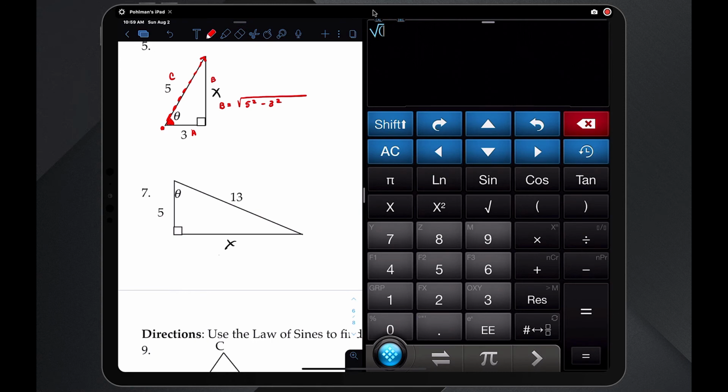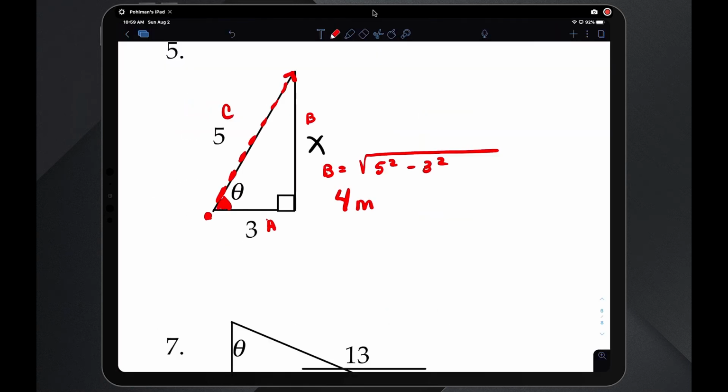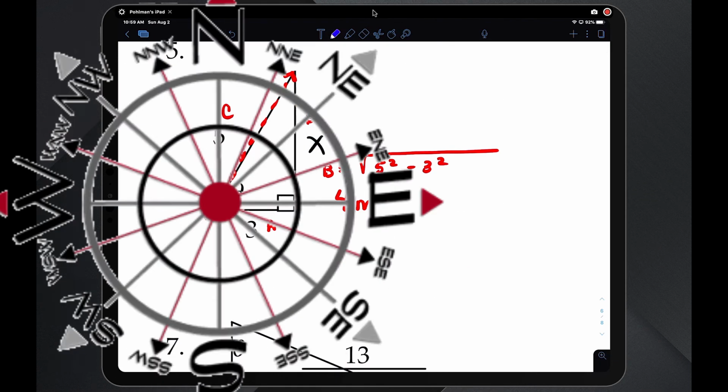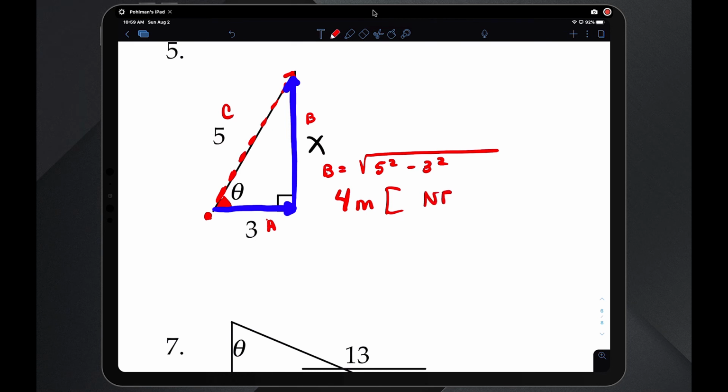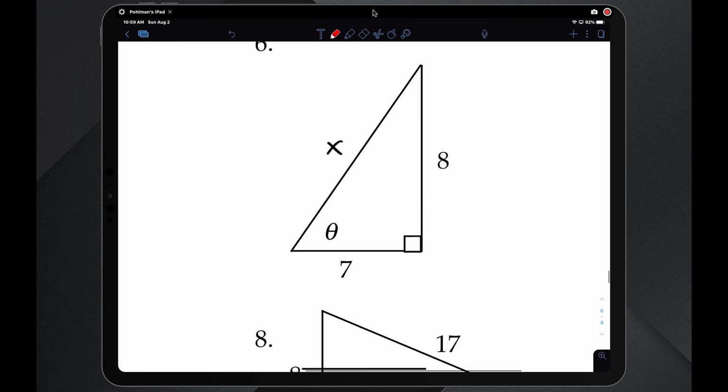We have 5 squared minus 3 squared equals 4. So we have 4 meters that this person would have walked. And then we need to get our angle in this. I know it has to go to the right some, and I have to go up to make that red vector. So my direction would be to the northeast. No angle just yet.